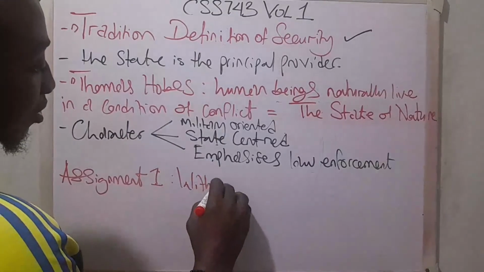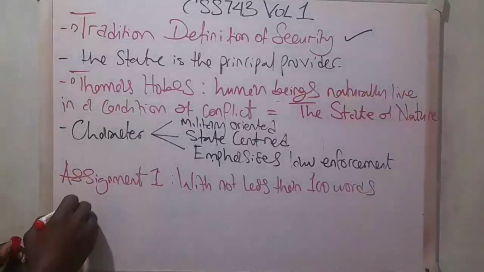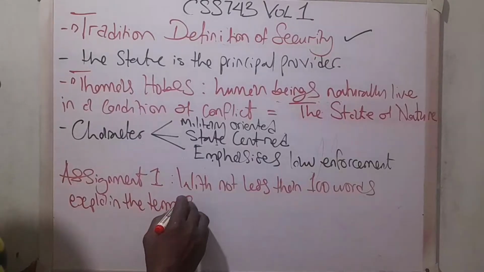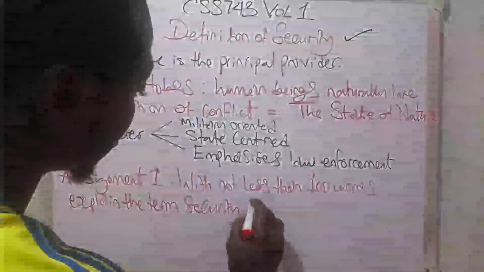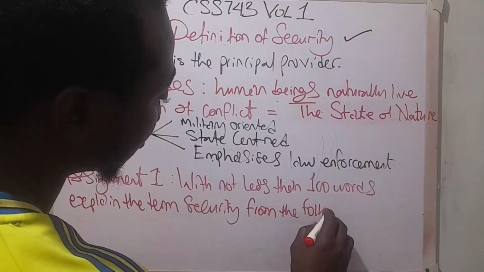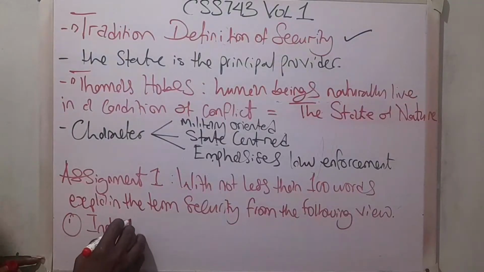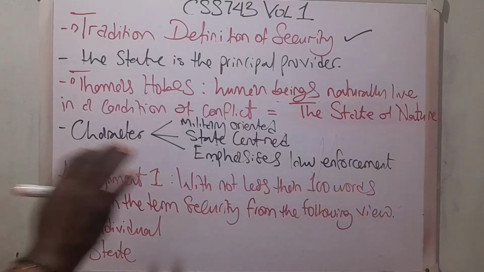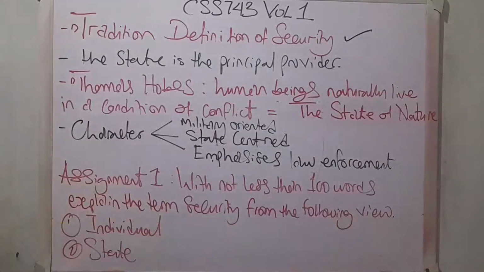With notes, not less than 100 words, explain the term security from the following views: 1, individual, and 2, state.